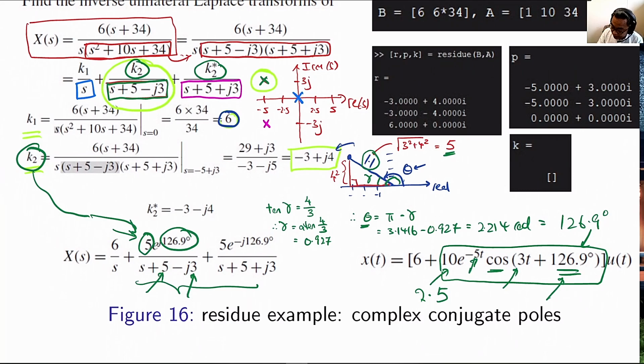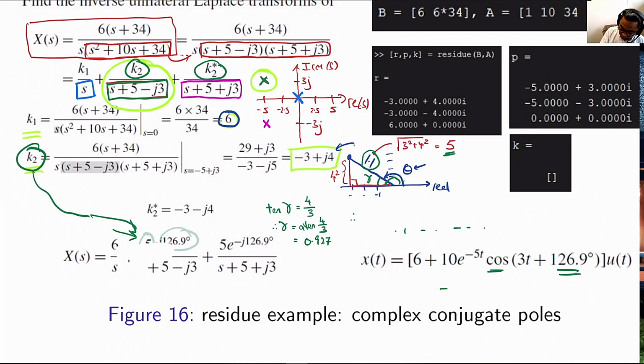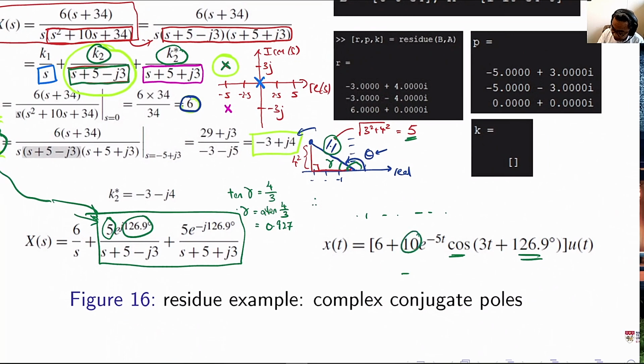Notice that this very complicated expression actually has 4 important numbers: the magnitude and the phase are put in here, 2 times the magnitude and the phase.